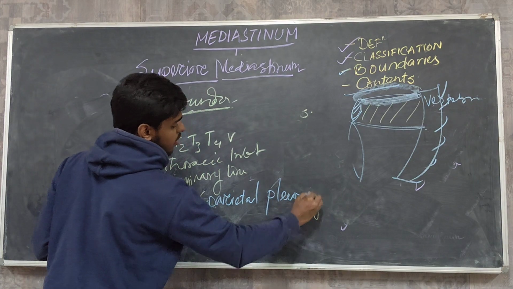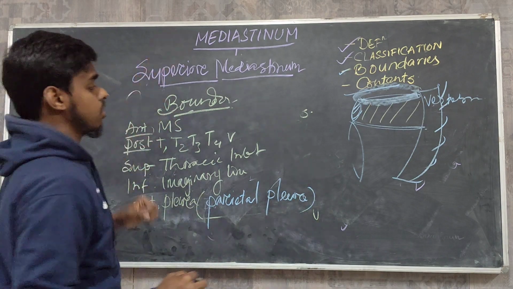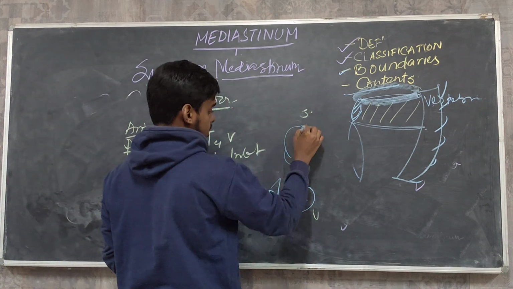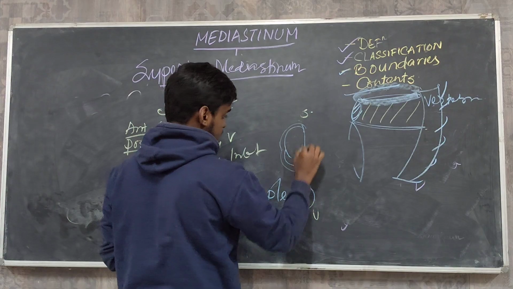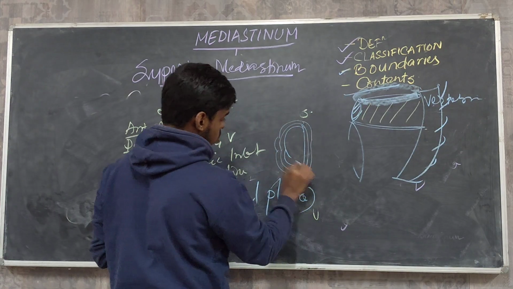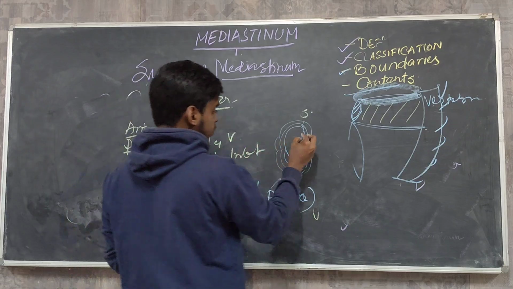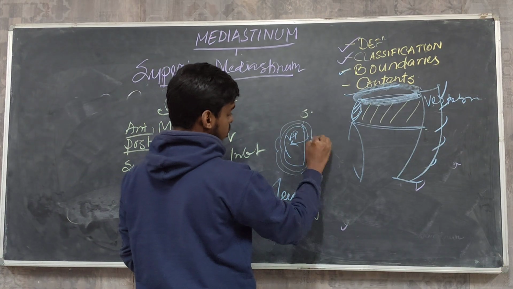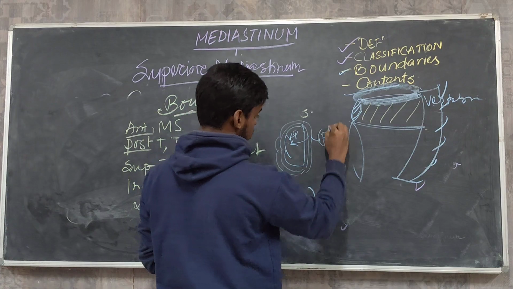Because it is common knowledge that if we take this as lungs, this is the first covering and this is the second layer of covering. This one is the visceral pleura, this one is the parietal pleura.